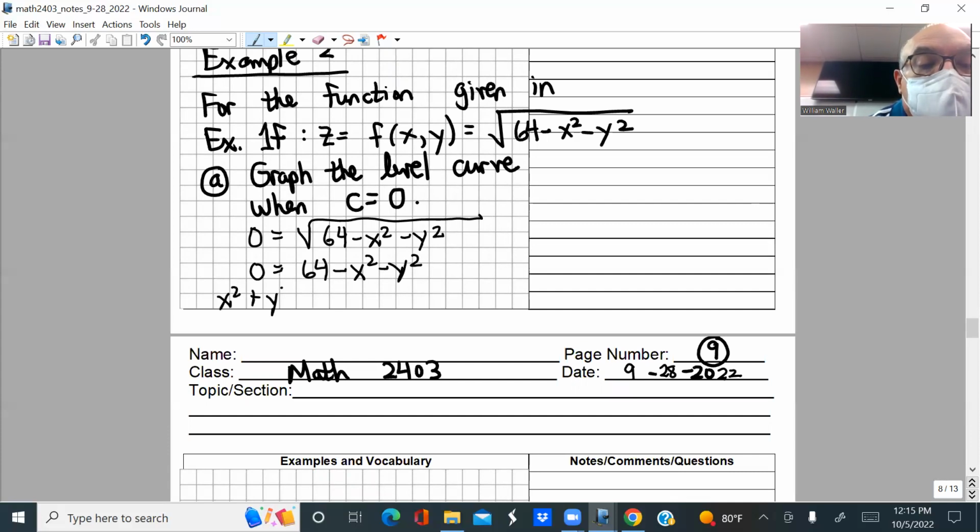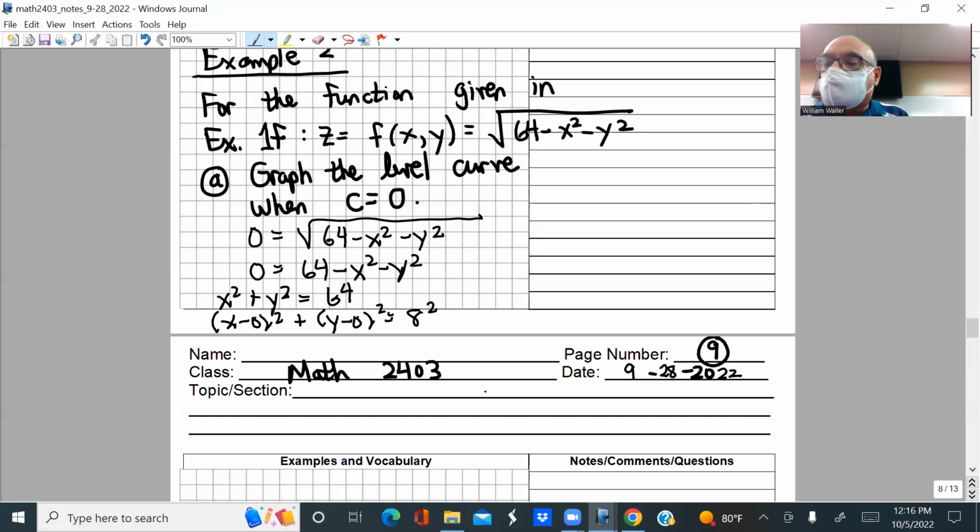So you get x squared plus y squared is equal to 64, right? And you definitely know that's a circle. Write this as x minus 0 squared plus y minus 0 squared is equal to 8 squared. So not only is that a circle, that's a circle that's centered at the origin, 0, 0, and its radius is 8.